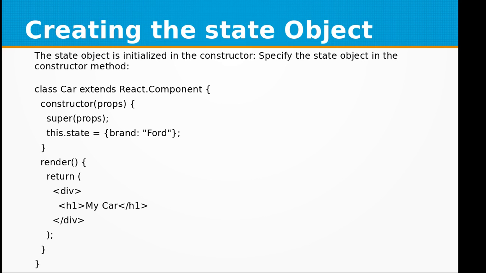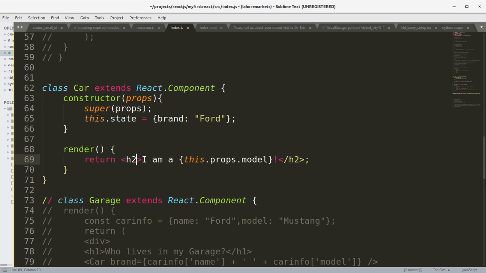Then we have the render function, and in the render function we are going to return a div, h1, My Car, and close the h1 tag here.